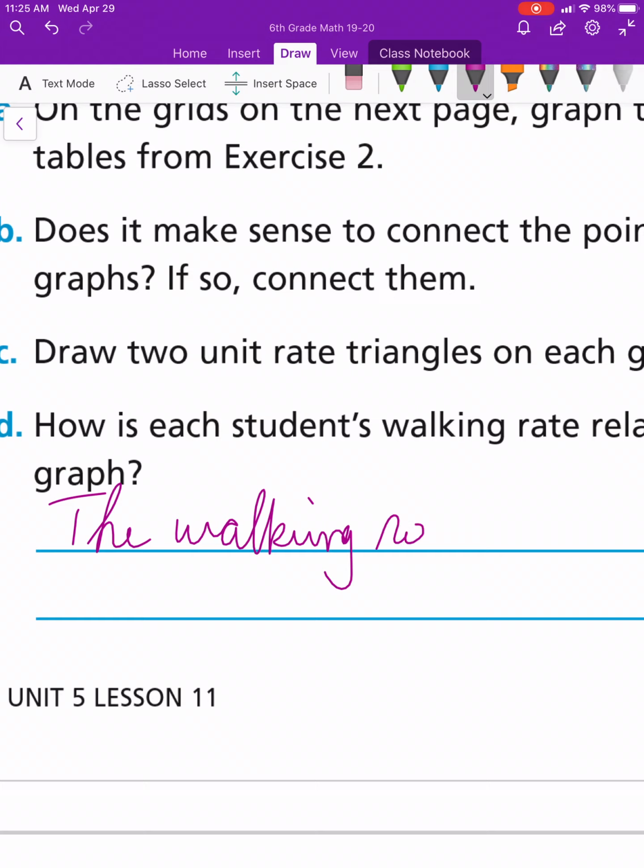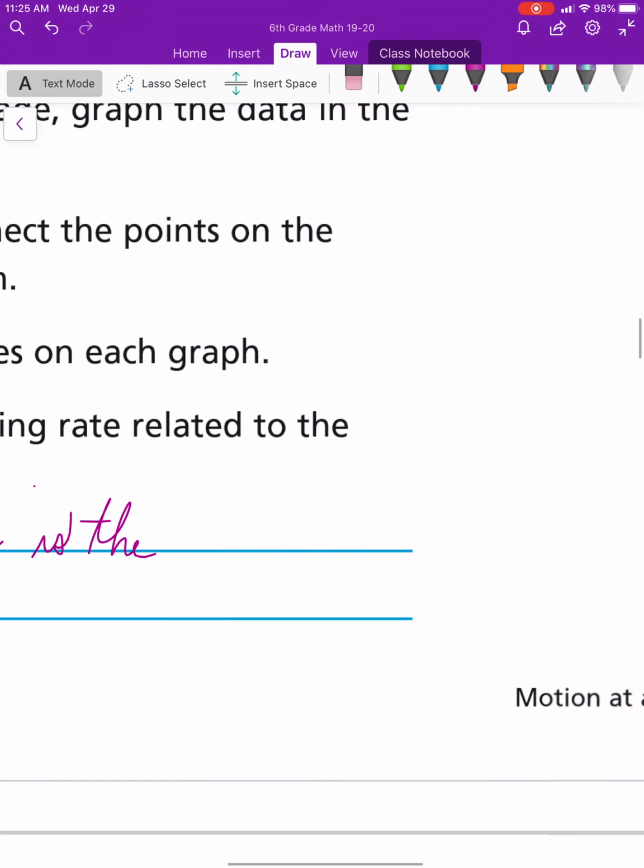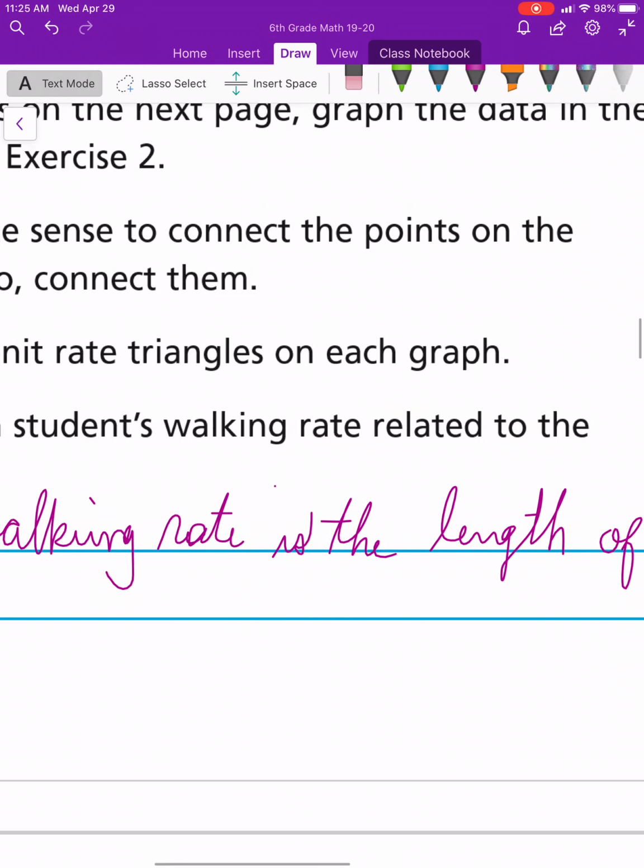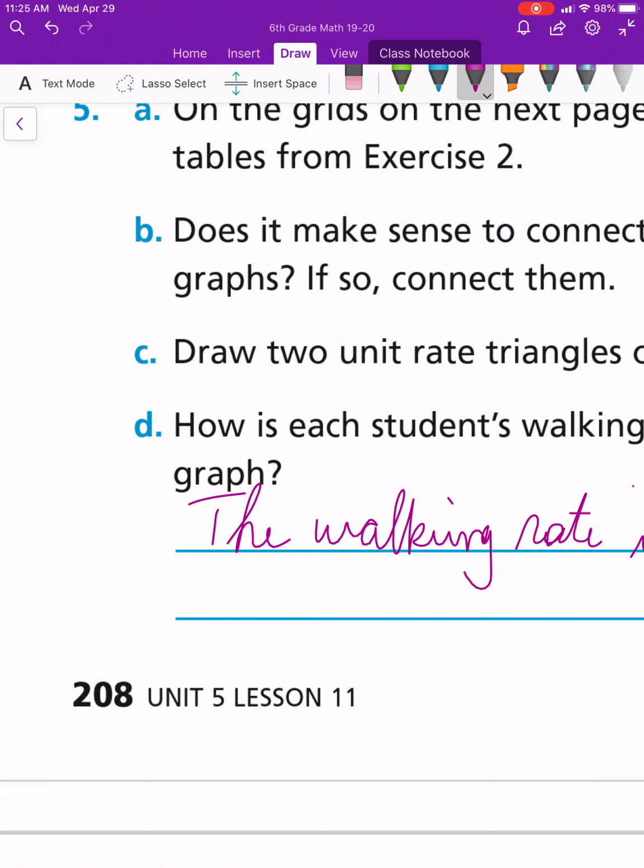The walking rate is the length of the vertical side. Vertical means this way. On the vertical side of a unit rate triangle.